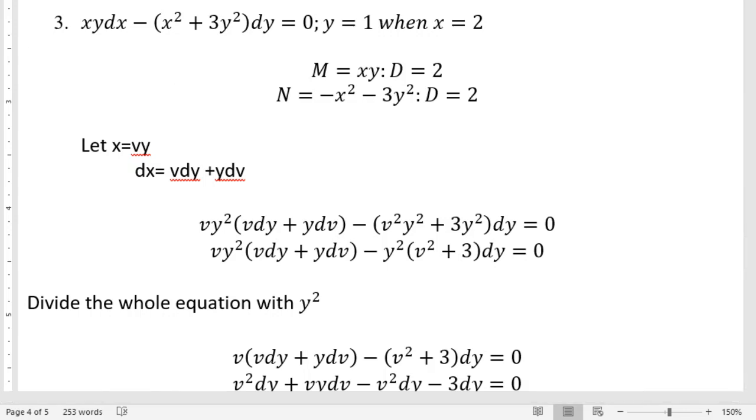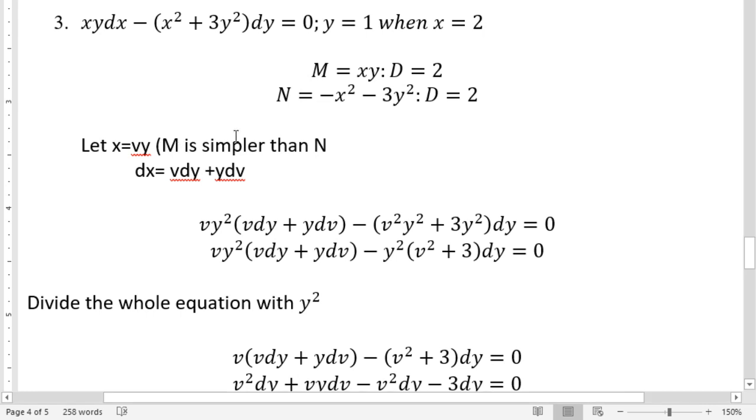Now, let's go to sa substitute natin. So, bakit x is equal to vy ang ginamit? Kasi mas simple si M. M is simpler than N. Kaya ginamit yung x, let x is equal to vy, where pag dinerivative natin both sides, dx is equal to v dy plus y dv.